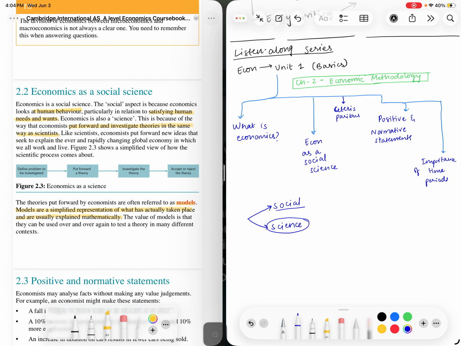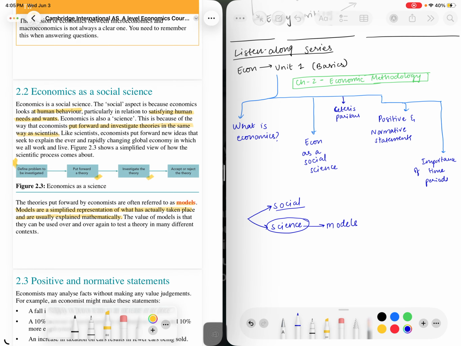As part of the science side, the theories put forward are called models, and these are simplified representations of what actually took place and are usually explained mathematically, right? So they can be used over and over again to test theories, and there's a proper way of doing it. You have to define the problem, put forward a theory, investigate the theory, and accept or reject the theory. That's what economists do.